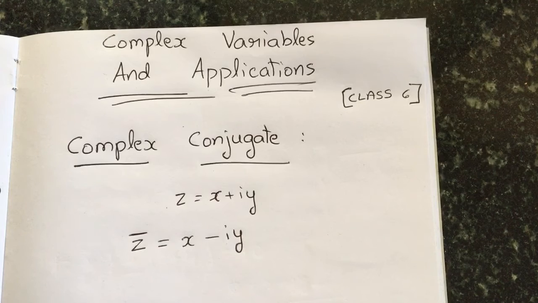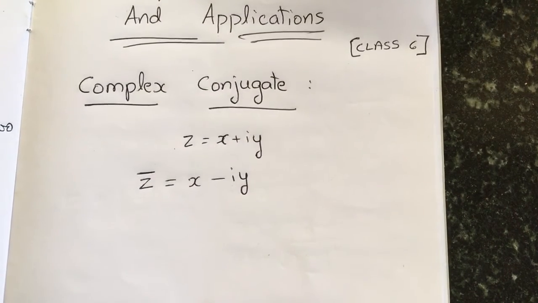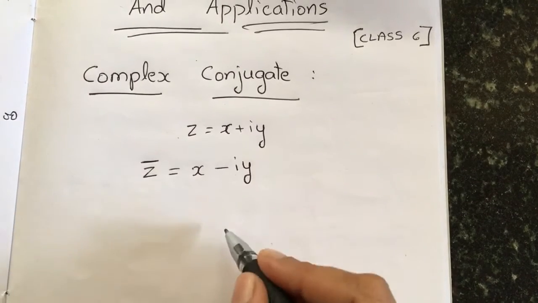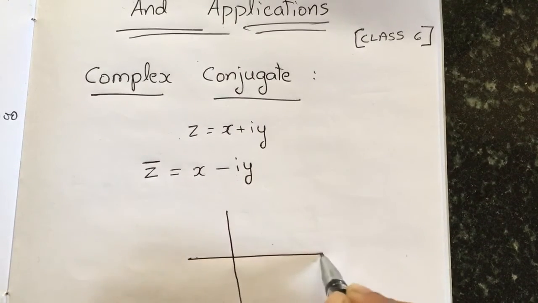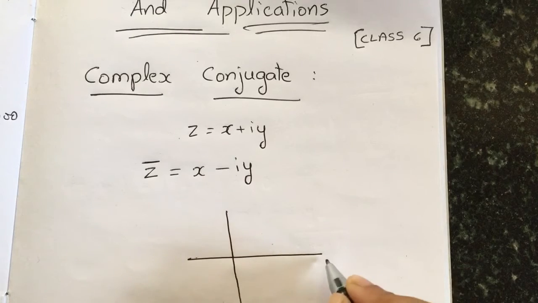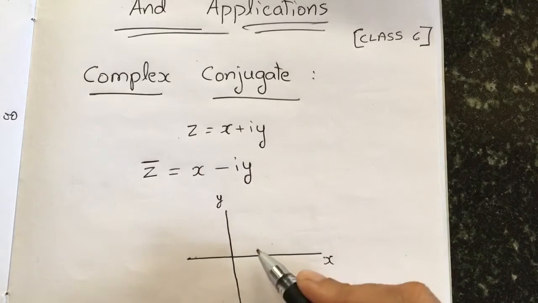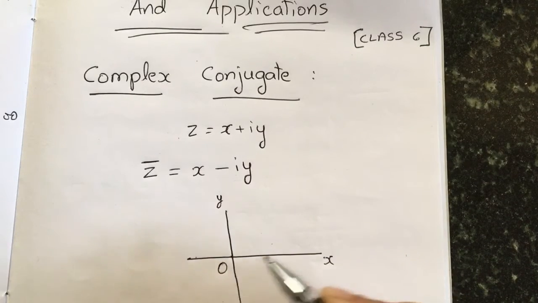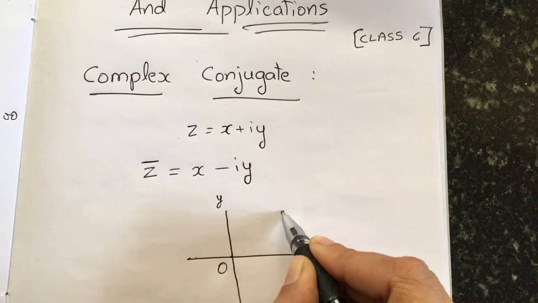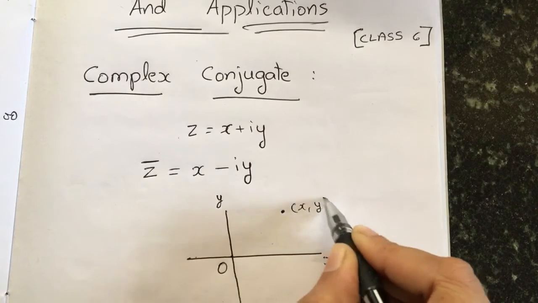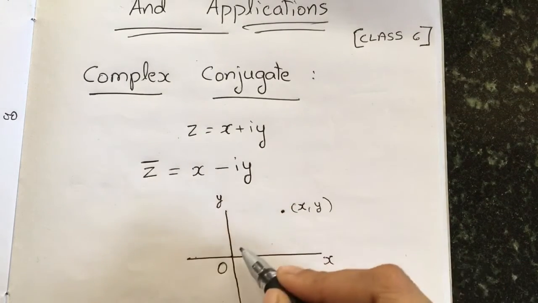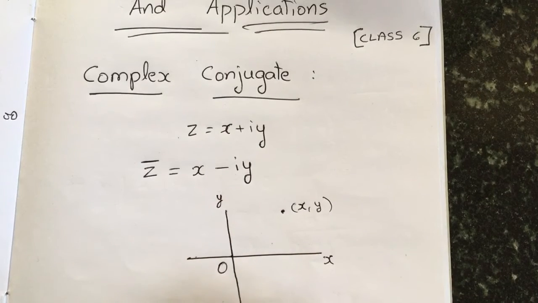In fact, it is the reflection in the real axis of the point x comma y. See, when I have a complex plane, the real axis denotes x. So this is the origin. If I take a point x comma y, that is the complex number z, then x minus y is the reflection on the x axis or real axis.